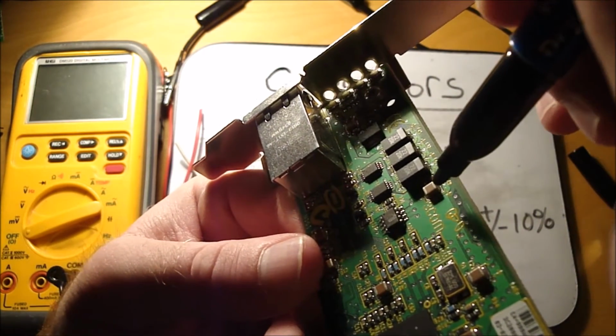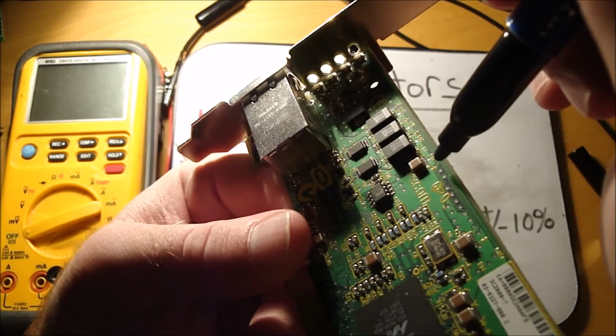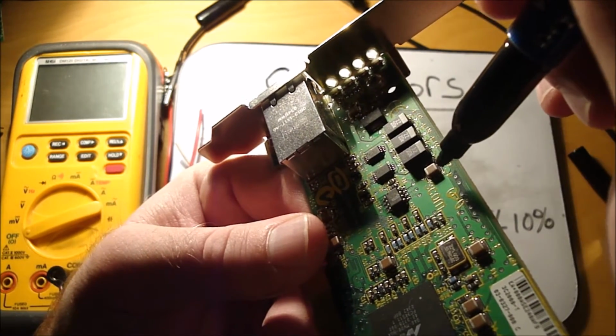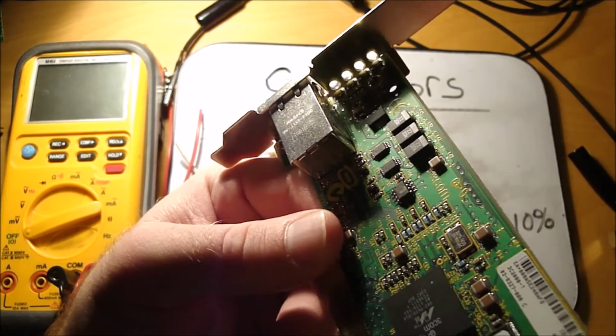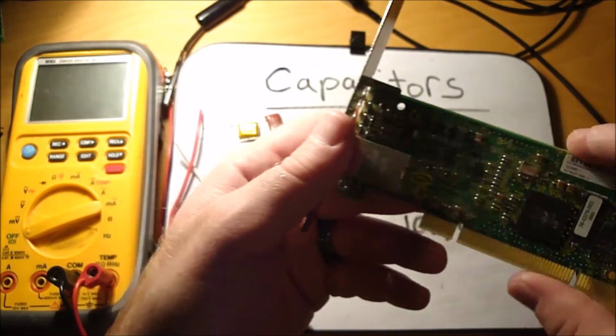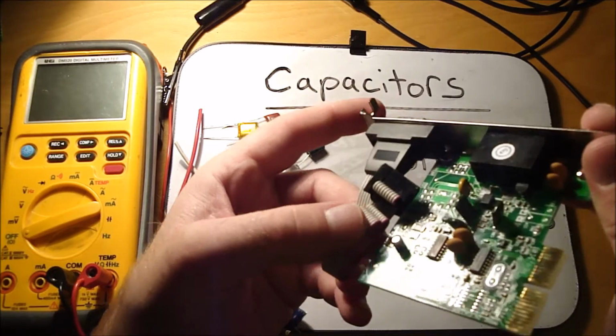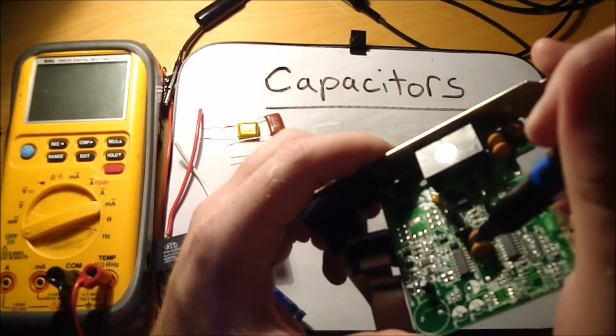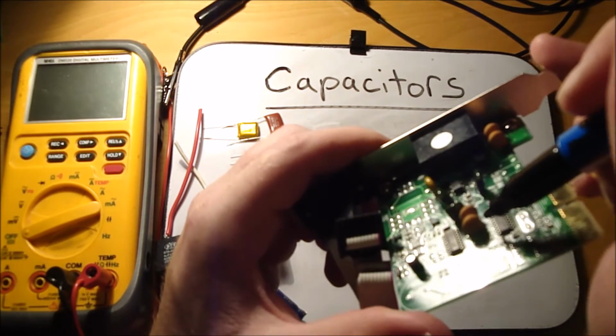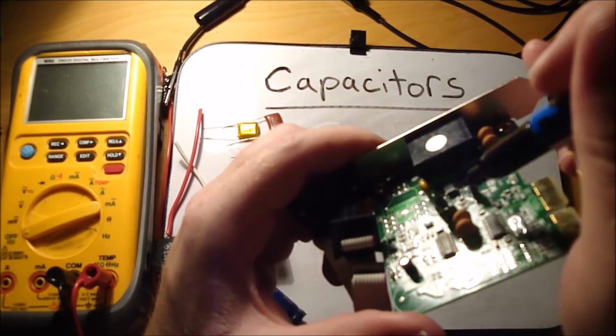And right there you got one of those tan ceramic surface mount capacitors, and its marking starts with C also, so I know it's a capacitor. Here you got several different types of capacitors. You got your ceramic capacitor right there and there.